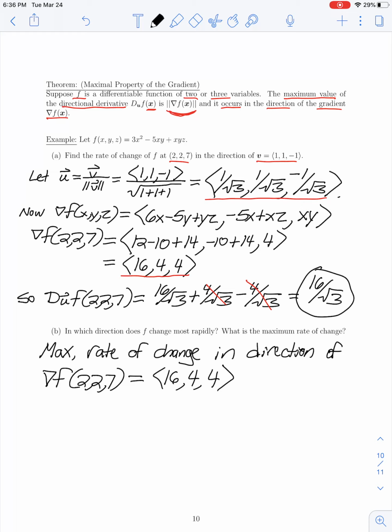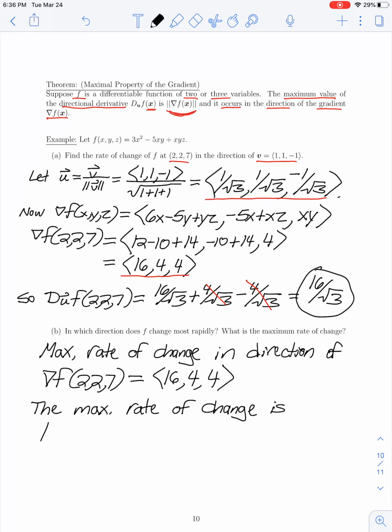And this is the direction in which we have the maximum rate of change. And the actual maximum rate of change is given by the magnitude of the gradient vector.